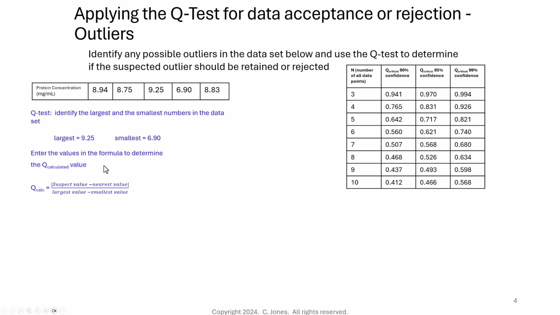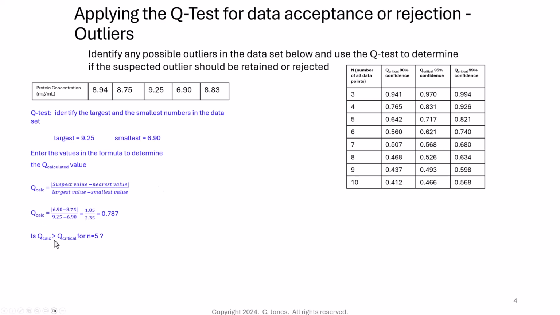So it's going to be the absolute value of 6.90 minus 8.75, divided by the largest value, 9.25, minus the smallest value, our suspect value. We do the math on the calculator, and we end up with this number. Our calculated Q value is 0.787.